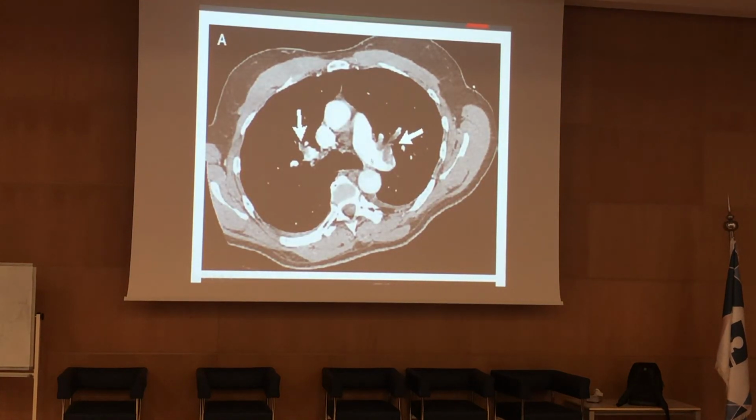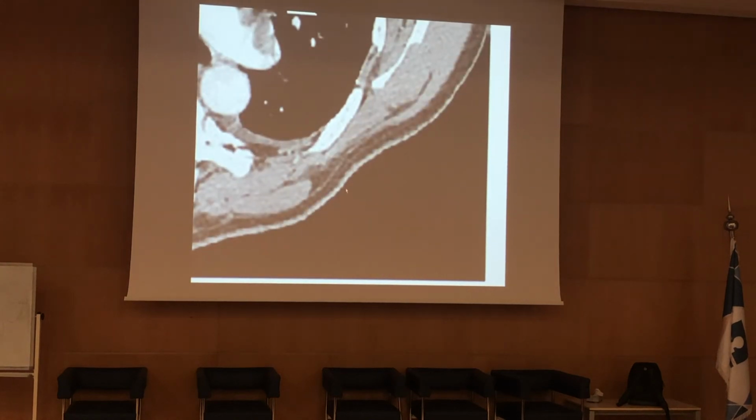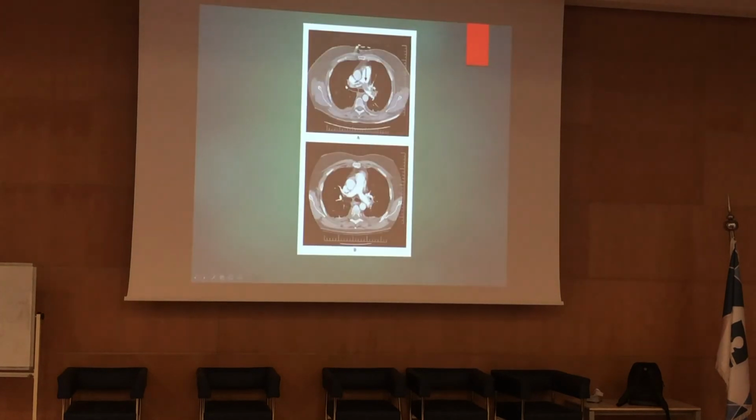Exactly, there is right and left. That means this patient has massive bilateral pulmonary embolism. So this patient likely will have more. So this is an example of normal pulmonary circulation, and a blocked pulmonary circulation.